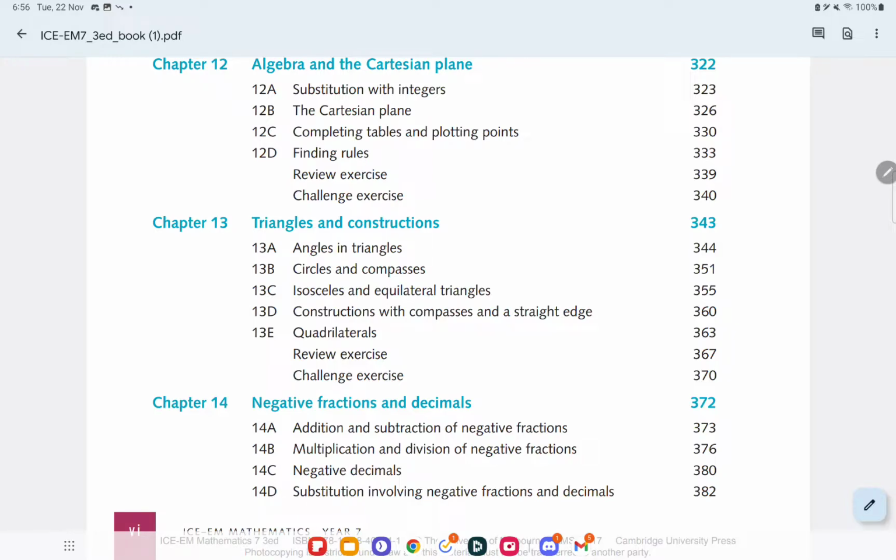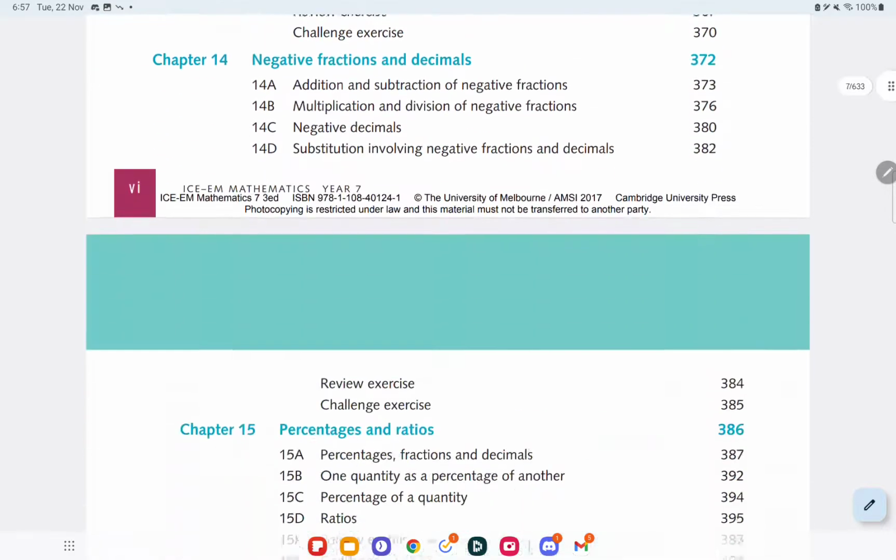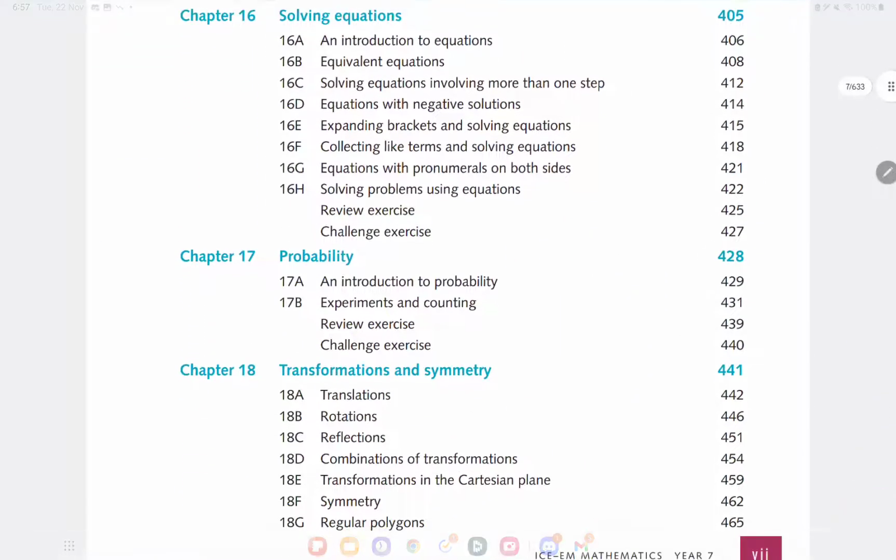Never mind. Not mine. Yeah, this is mine actually. Not my hand. Okay, that's fine. No, 3, 6. Okay, I'll just go through a few questions from chapter 13.